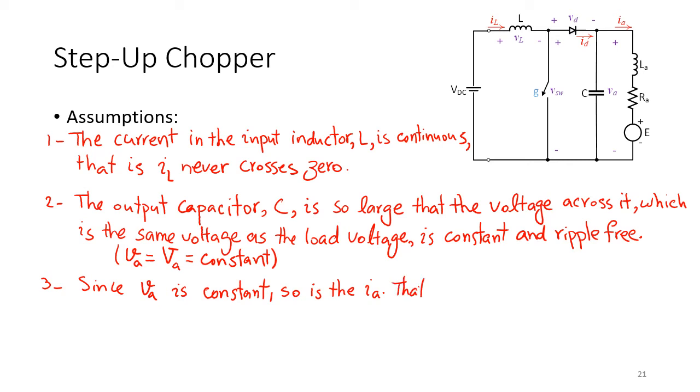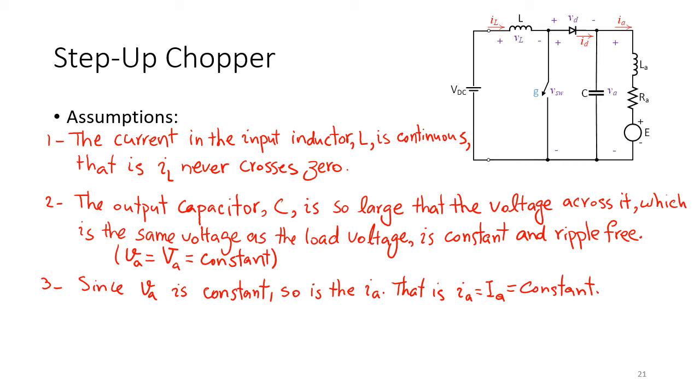That is, IA is equal to a constant. Second assumption.